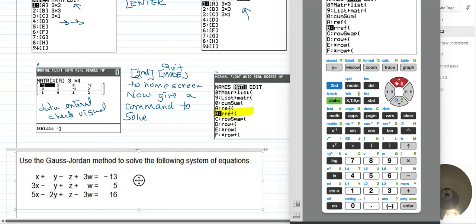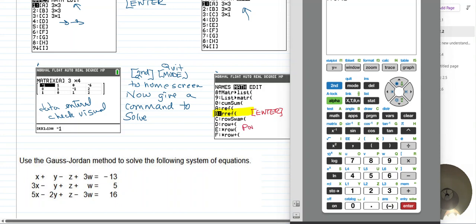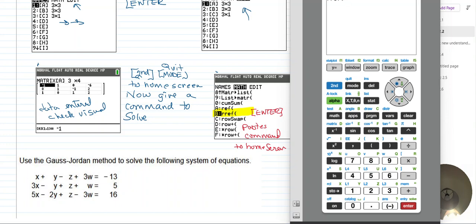It is B, okay? And you choose it and enter. When you enter, it'll paste it on the home screen. All right, now you have to name it. Second matrix name and hit enter. And now you have it with the command.